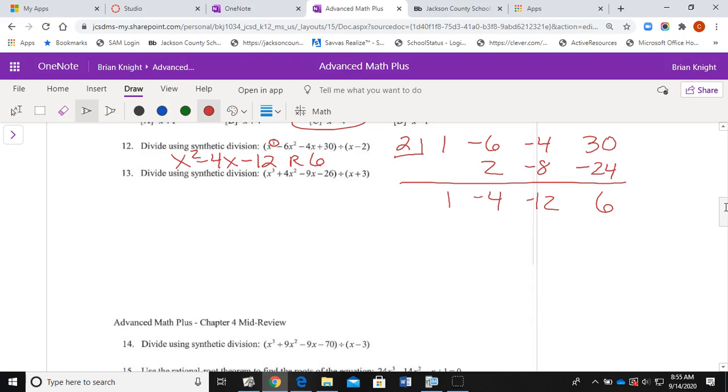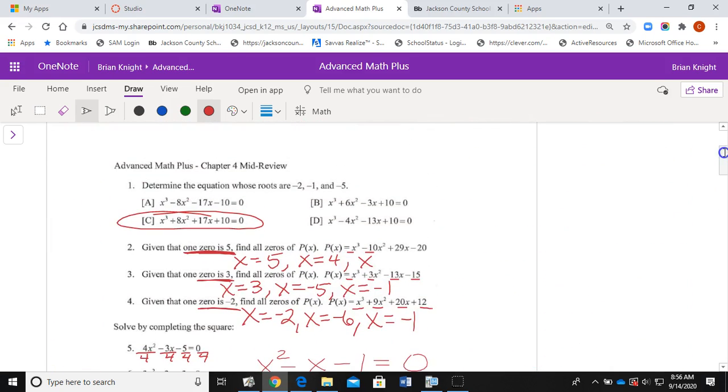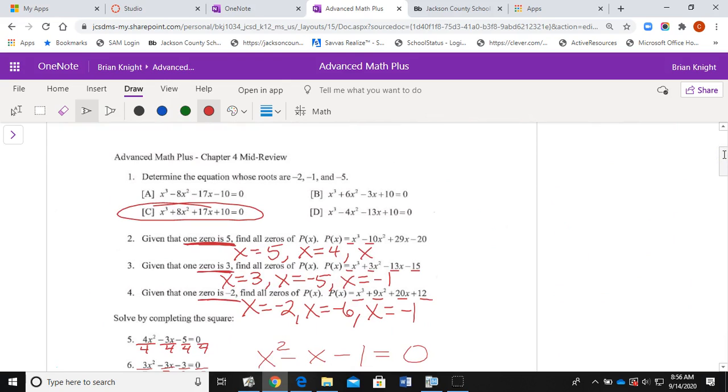That's an excellent question. Everybody here? She said, before we were dividing, we didn't change the sign, but now we are. The difference is, we are dividing by a binomial, x minus 2. Up here, when we were doing these problems, it says 1, 0, 5.